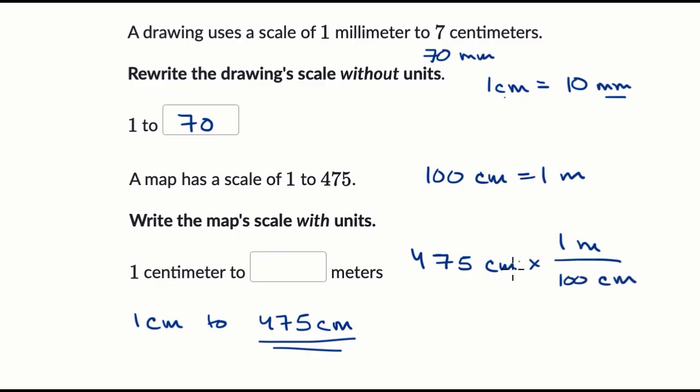And you can think of it as these units are canceling out. And so you'd have 475 times 1 divided by 100 meters. So you'd have 475 over 100 meters, which is the same thing as 4.75 meters. So 1 centimeter to 4.75 meters.